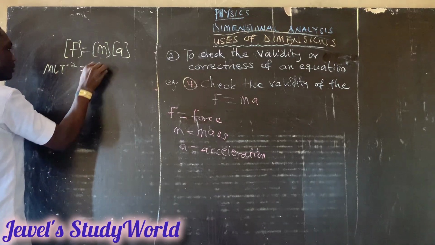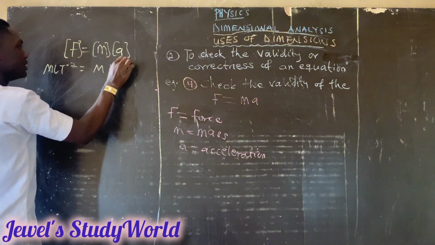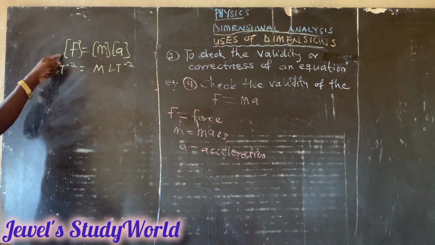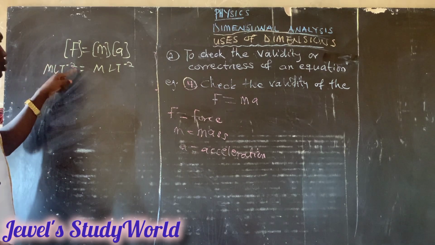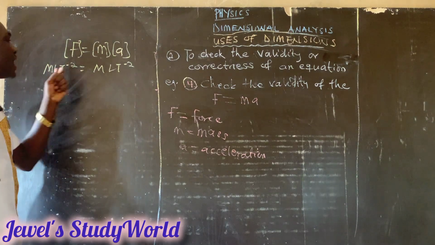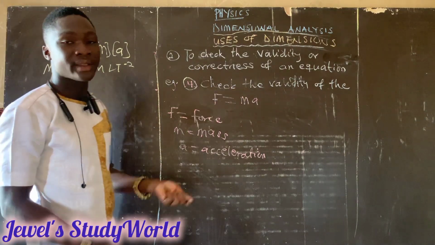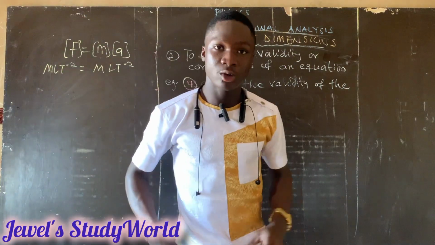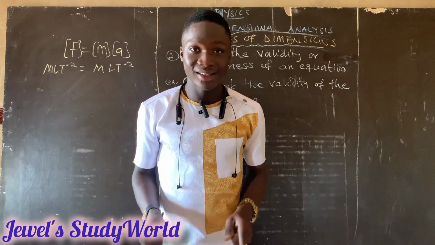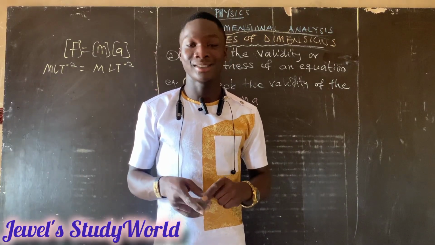Mass we have M. A we have LT negative 2. So MLT negative 2 is equal to MLT negative 2. Since they are the same, you have that the equation is dimensionally valid. So note that the condition is that the dimension on both sides of the equation should be the same.